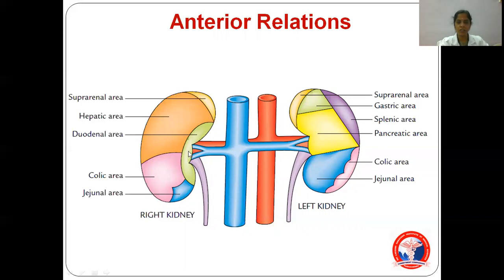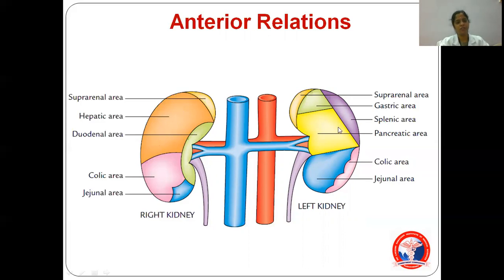You already see the duodenum, no? So the medial part of the kidney is related to the duodenum. Then this part is related to the colon and jejunum. So the right kidney is related to the right suprarenal gland, liver, duodenum, colon, and jejunum.